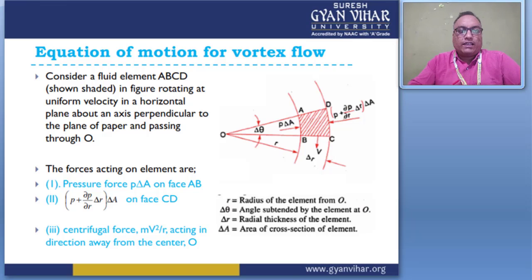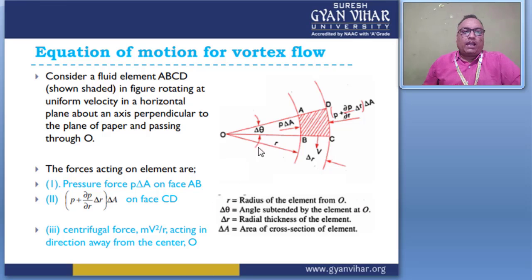Here consider two elementary strips inside the vortex flow. These circular elementary strips are AB and CD. The first one is AB and the second one is CD.